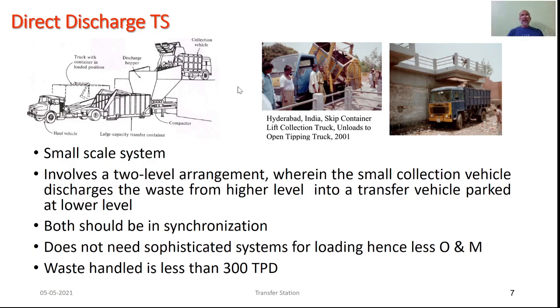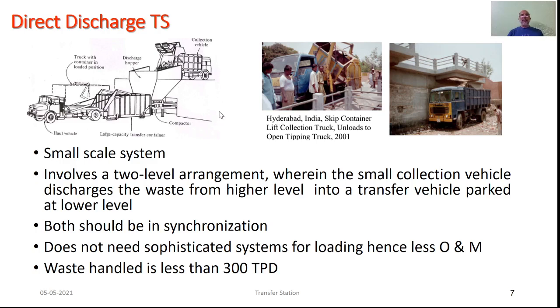As you see, the waste is directly dumped through this hopper. It could be further compacted and it could be transferred into that container. Hence, there is no need to have any additional sophisticated system for loading the waste. Hence, it does not attract much operation and maintenance cost.